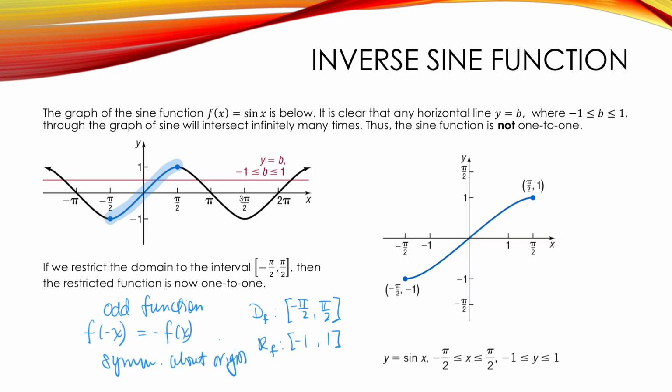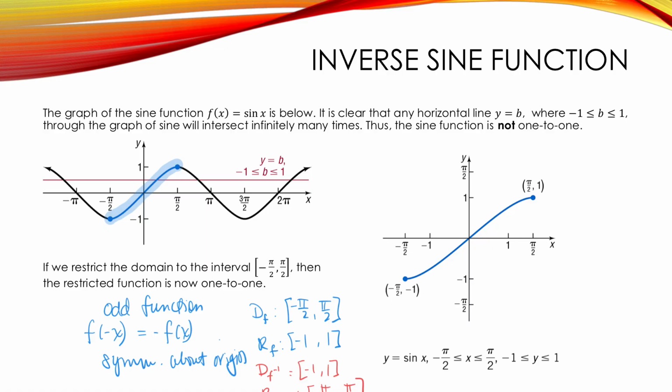And remember that when we find our inverse function, we are rotating about the line y equals x, and we are inverting our x and y values. So that means we also invert our domain and range, which means the domain of our inverse is going to be negative 1 to 1, and the range of our inverse is going to be negative pi over 2 to pi over 2.